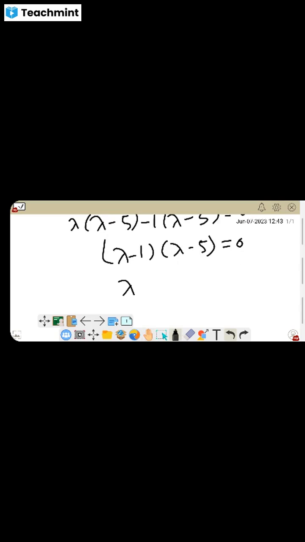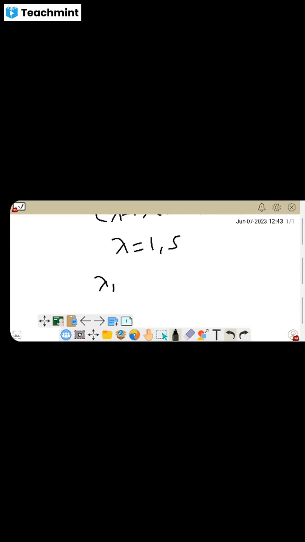Now we have lambda is equal to 1 and 5. So here we can say lambda 1 is equal to 1 and lambda 2 is equal to 5, the first value is 1 and the second value is 5.